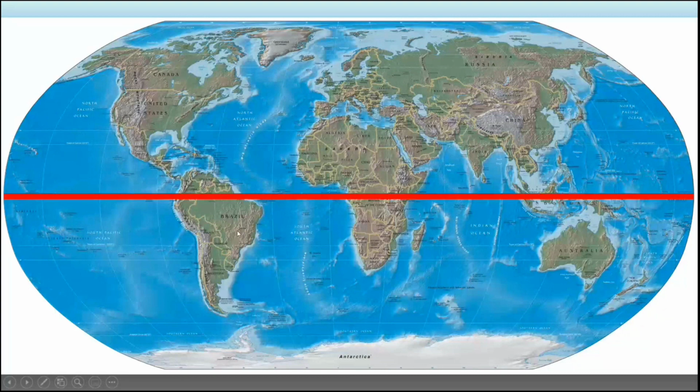While Brazil, this portion of Brazil here, then Australia, New Zealand here, those can be found in the southern hemisphere.